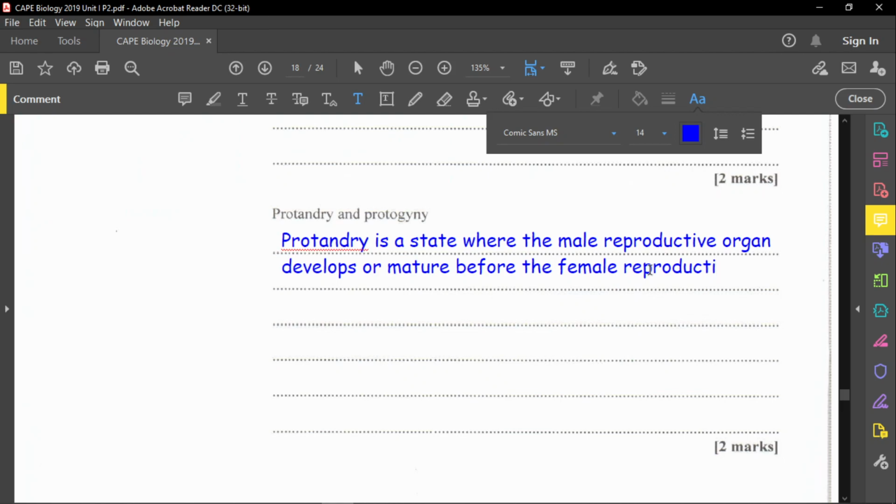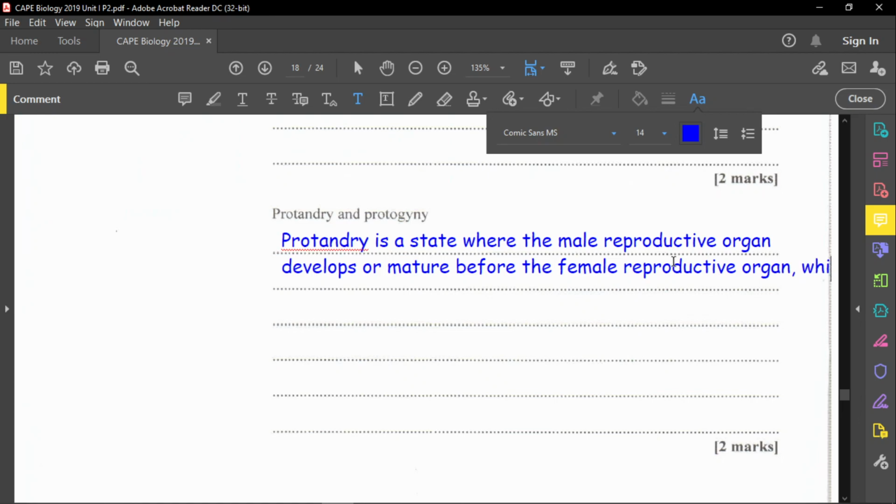Okay. All right. And so what I want to point out right here is that there's a reason for this, because this is promoting what they call cross-pollination, because when one matures before the next, it promotes cross-pollination. In other words, the pollen is being produced and ready to be transferred, but the ovules aren't developed yet, so it cannot fertilize itself. Right? So protandry and protogyny actually promote cross-pollination.